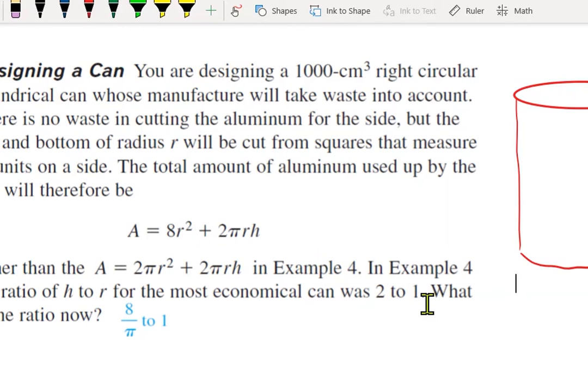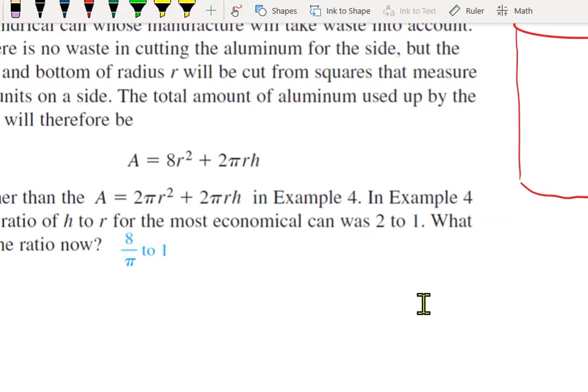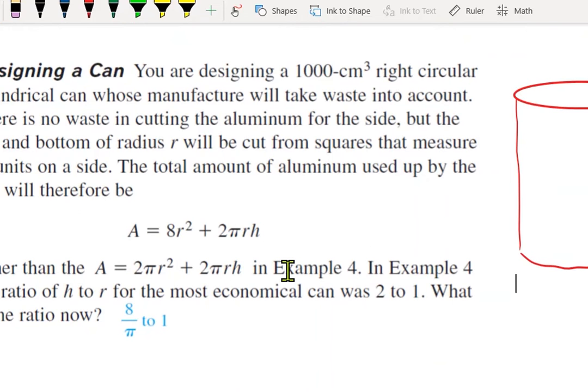Now, what kind of ratio should we have of H to R, and let's remind ourselves, H is this one, and R is this one, right? The ratio H to R in order to minimize the use of aluminum. That's why the cans have a certain ratio. You know what I'm saying? You don't want it to be too skinny, you don't want it to be too fat, unless it's tuna. For some reason, tuna cans are fat.